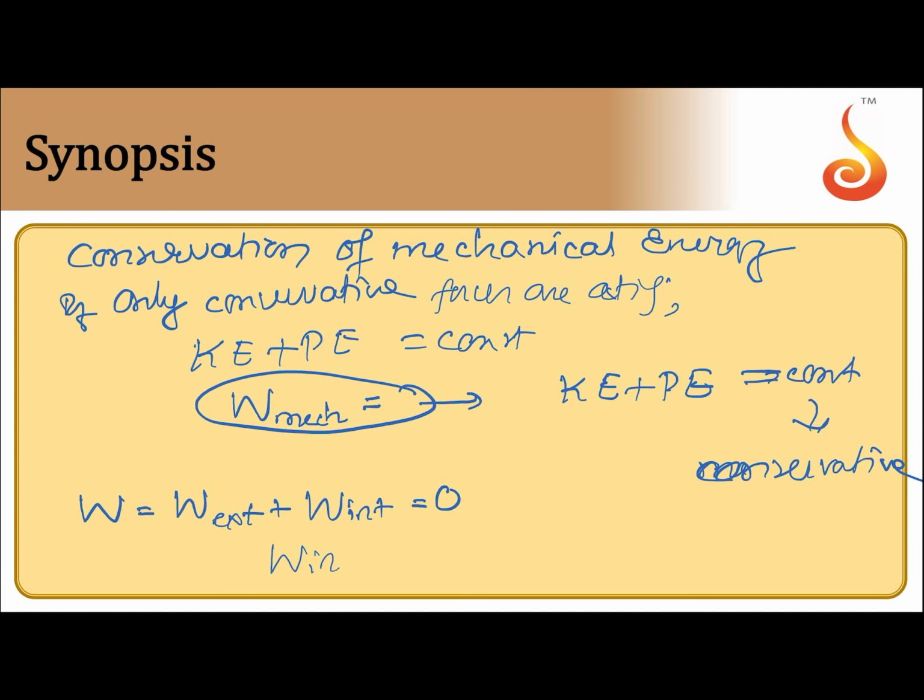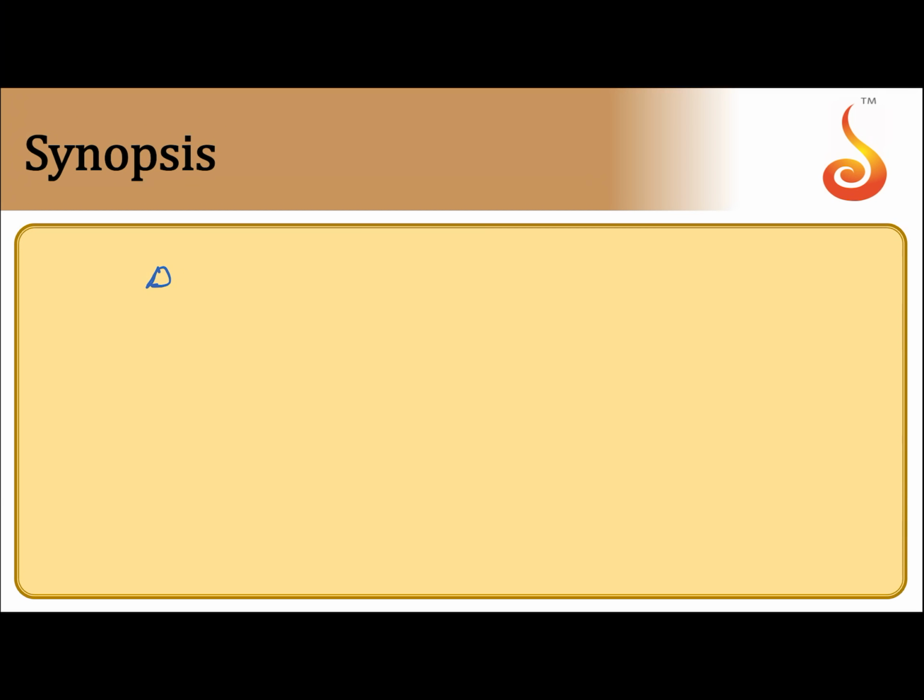External work done would be 0, internal work done is minus delta U, or minus delta U is equal to change in kinetic energy. So, this leads us to the idea that change in kinetic energy plus change in potential energy is 0, or kinetic energy plus potential energy remains constant. This is the idea of the conservation of mechanical energy.